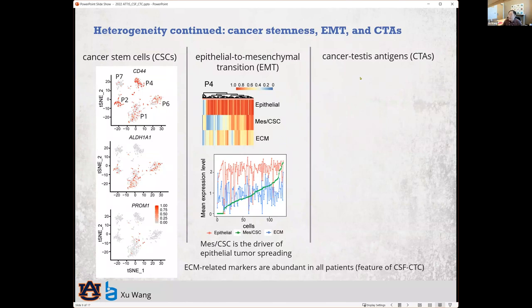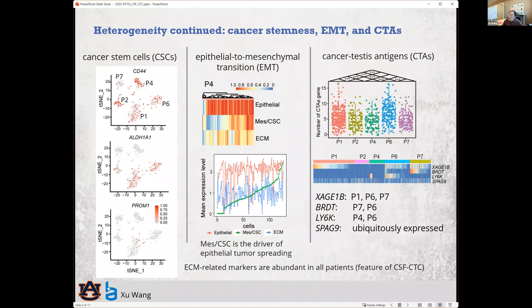The cancer testis antigens were also researched intensively because they are restricted to the male germline in normal cells, but their expression was observed in many different tumor types. So we quantified the number of CTA genes in different patient samples. You can see we identified many significant differences.